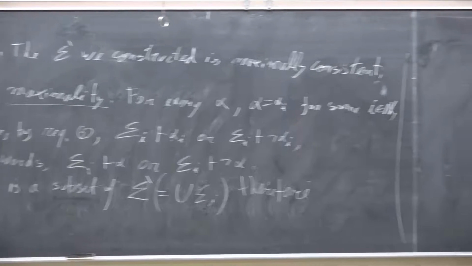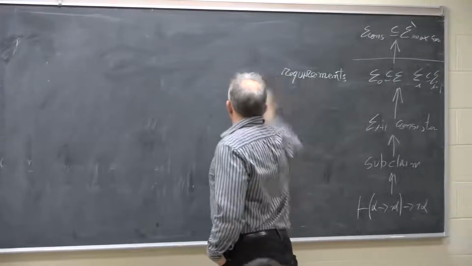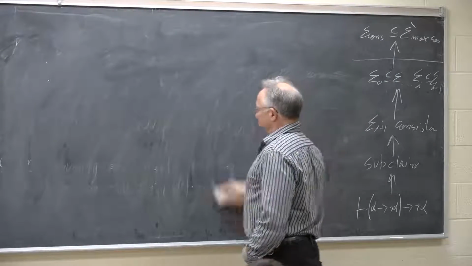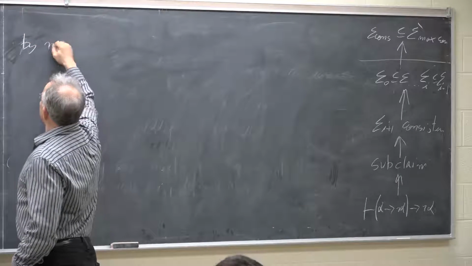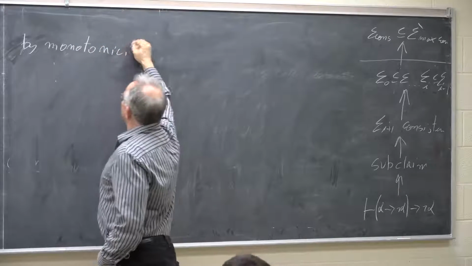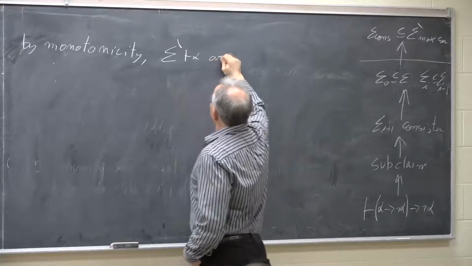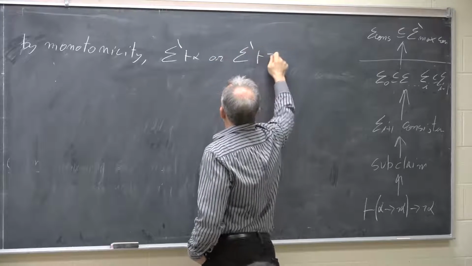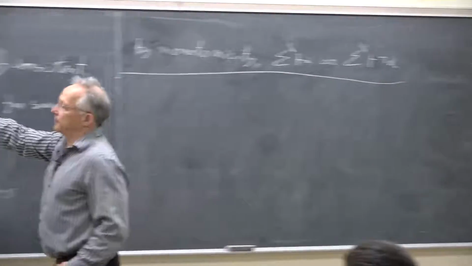Now it is monotonicity, right? So by monotonicity, sigma prime proves alpha, or sigma prime proves not alpha. So we are done with maximality.